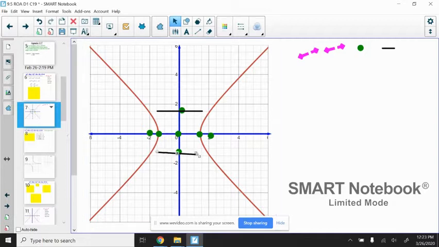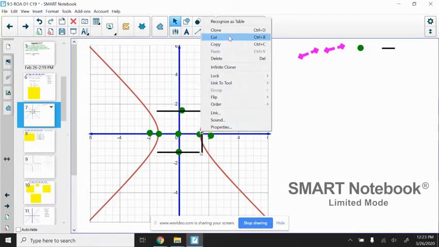conjugate axis. And the endpoints, struggling a little here with a smartboard presentation. There we go. Go through the vertices too. I should probably just copy this from my component.